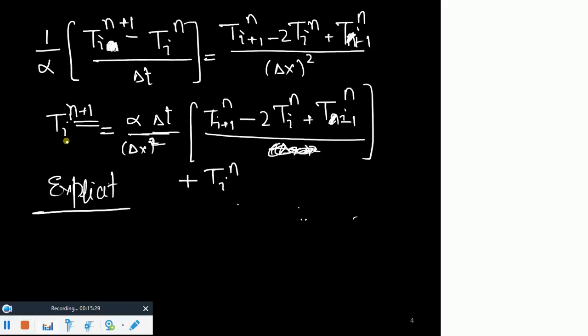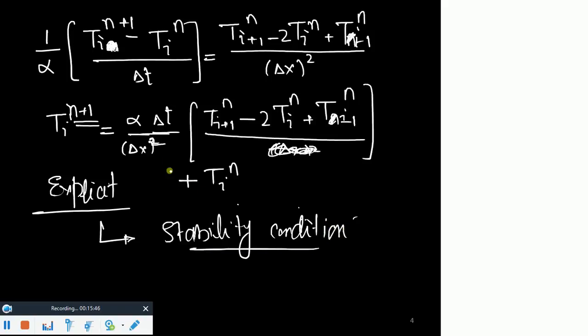There was a disadvantage we were talking about. What was that disadvantage? You remember? Yes, the stability condition. You have to put a restriction on the size of delta x and delta t.